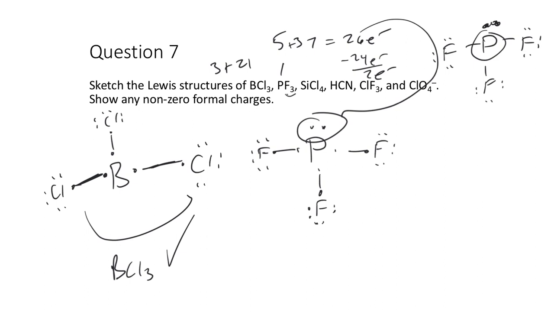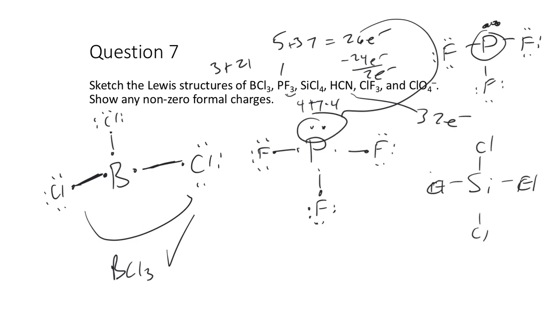And then if I do SiCl4 this way, silicon has 4, 4 times 7 for the chlorines, so that's 32 electrons. So that's going to be a central silicon with 4 single bonded chlorines. Complete the octets of the chlorines.